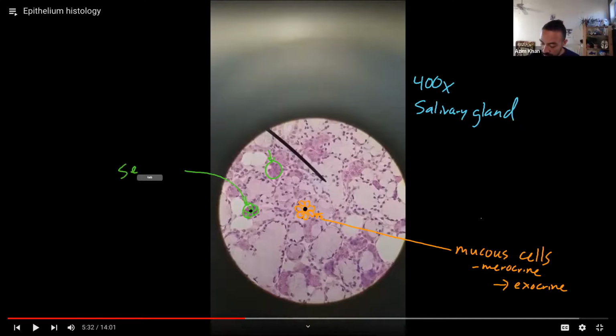These are serous cells, still merocrine, and therefore a type of exocrine gland. They just release a more watery, protein-filled secretion. There's a difference between watery saliva and thick mucousy saliva. One's for having the proteins, the enzymes for digestion. One's for lubricating your mouth so you don't cut yourself when you're eating something dry.